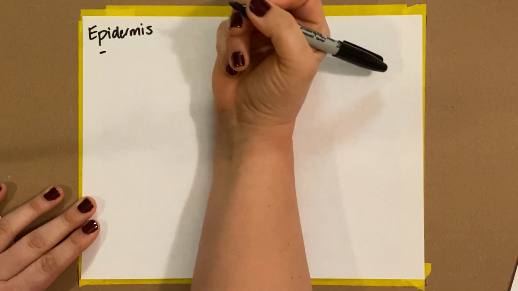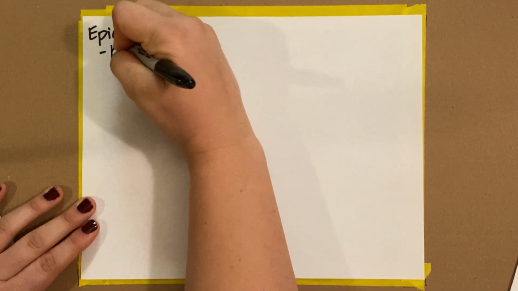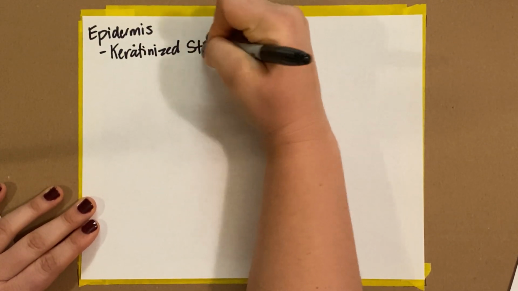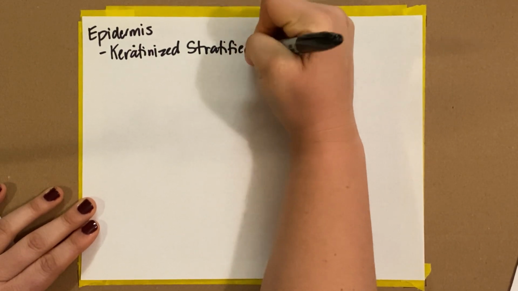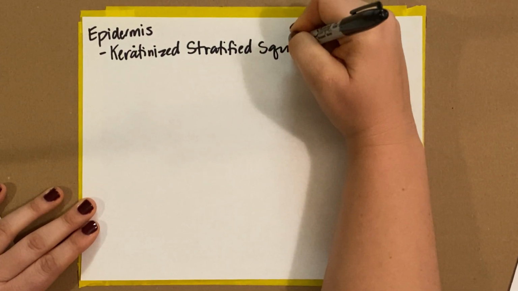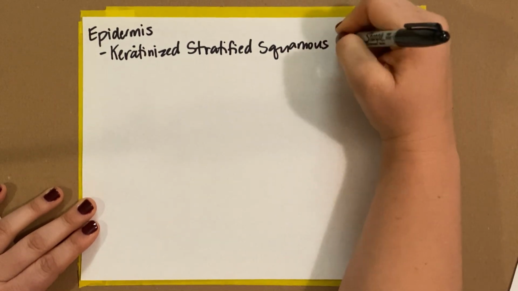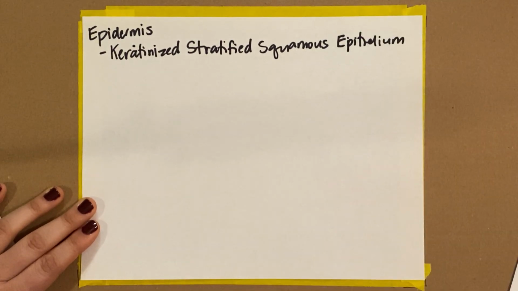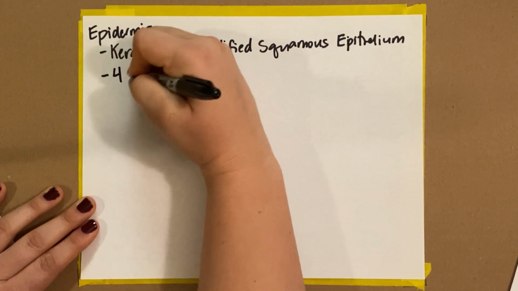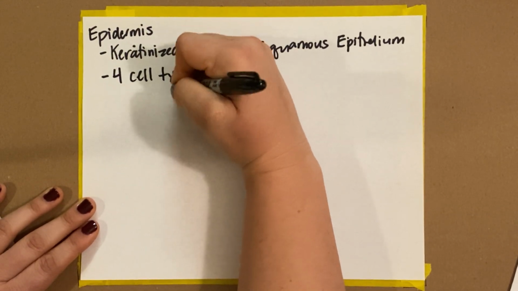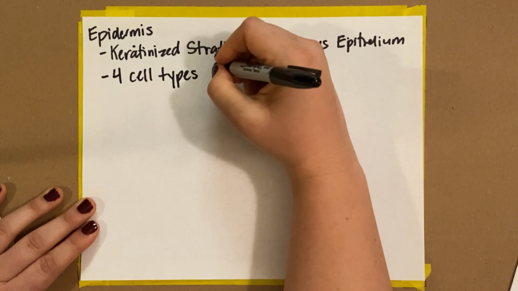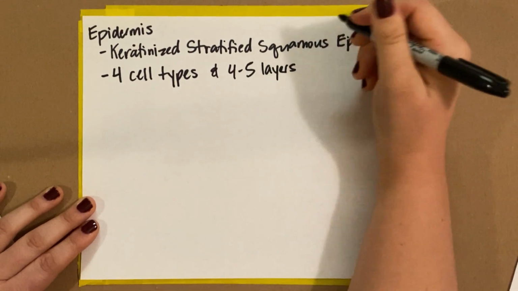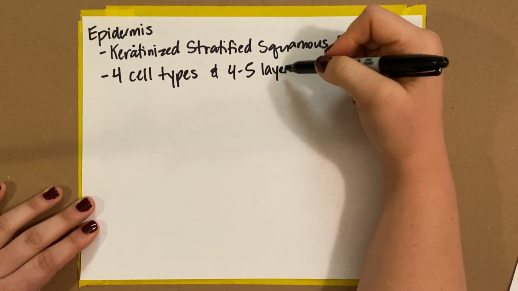This is going to be made out of epithelial cells, and they're specifically going to be keratinized, stratified, squamous epithelium. I never know how to say that one. There are going to be 4 cell types in the epidermis, and there are going to be 4 to 5 layers of the epidermis. So we will actually go through and name these layers.